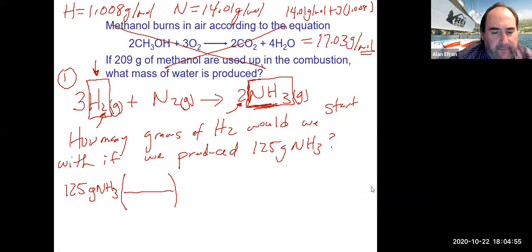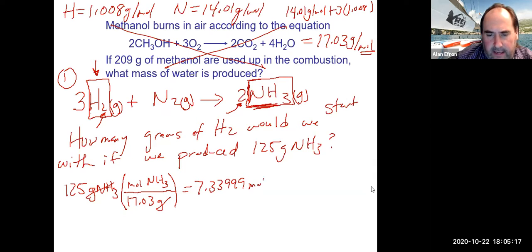So here we're going to convert our grams into moles using that 17.03 grams on the bottom and a mole on top. The grams will cancel. You don't necessarily have to get a number, but I'll do it step by step so you can see the different steps. I'm just going to take the number to a few digits, and that gives us moles of NH3.